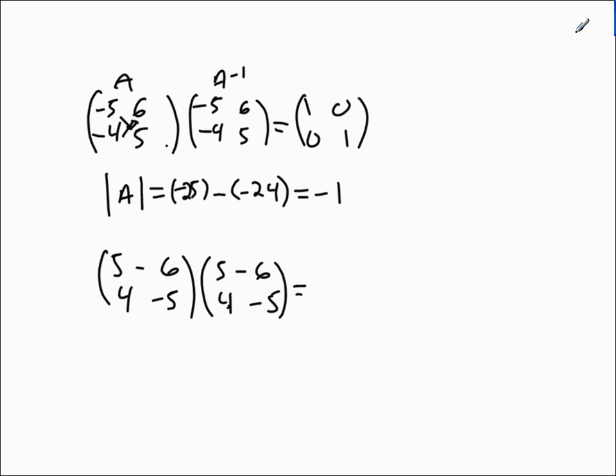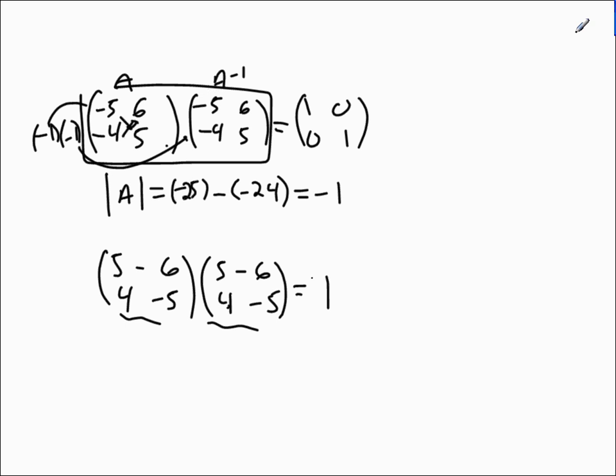Now, what I did was I took this product and I multiplied it by negative 1 times negative 1. And then I scalar multiplied each matrix by negative 1, and I got these two matrices. This is also the identity. We'll call this B, okay?